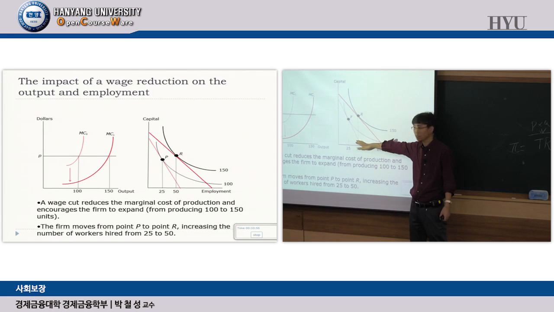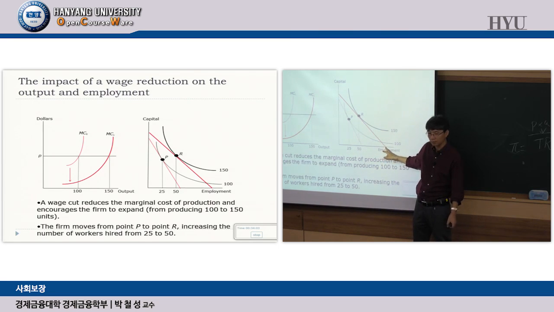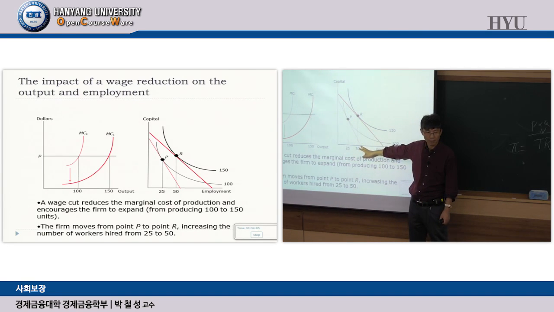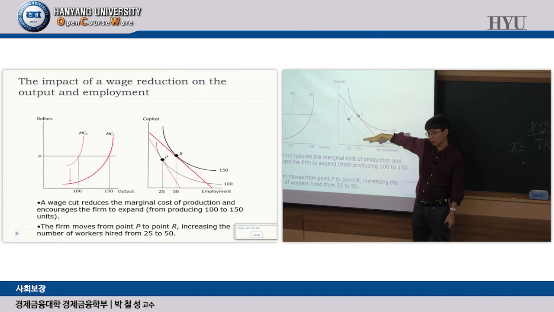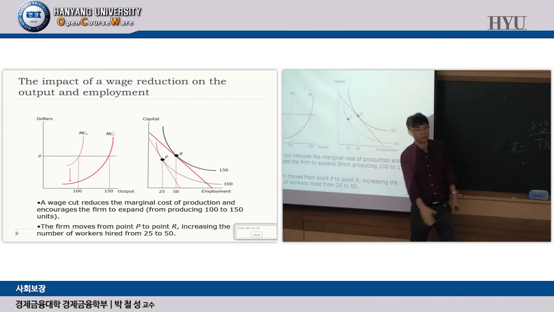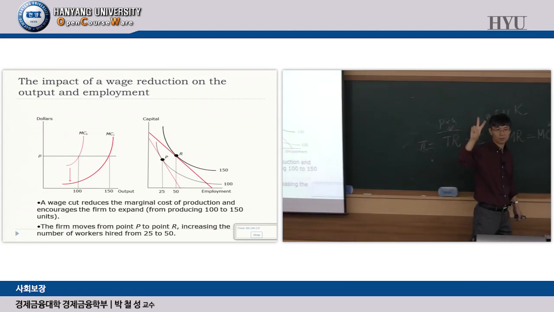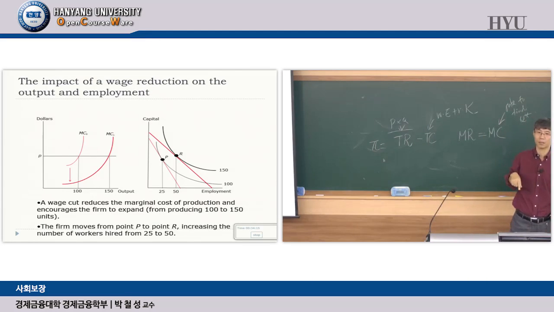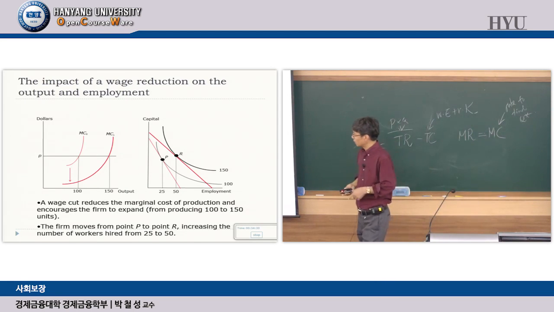The slope of the isocost line will be flatter, right? Because the wage is lower. So you can see that this thick line is flatter than the thin line, right? So you see two things happen at the same time. They produce more, and they produce at an isocost line flatter than before. Okay, two things happen at the same time.